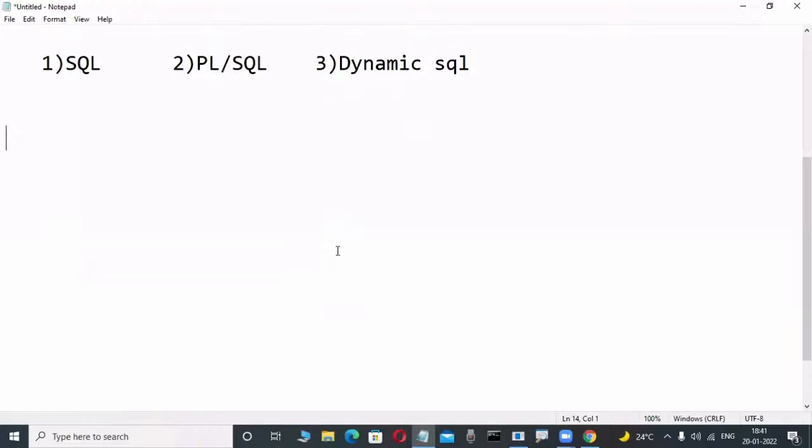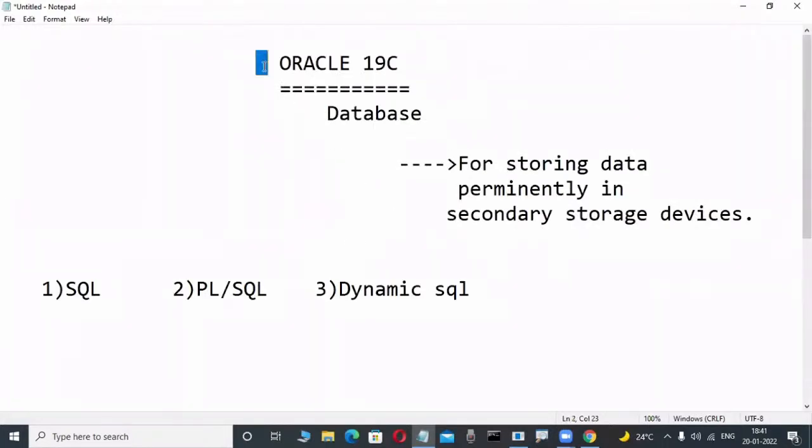SQL is an ANSI standard language, conceptually the same in every database. Conceptually, what is a table, what is a procedure, what is a view, what are joins, subqueries, constraints, all the same. But syntactically totally different, and functions also totally different. That's why in our class we are learning the Oracle SQL language.